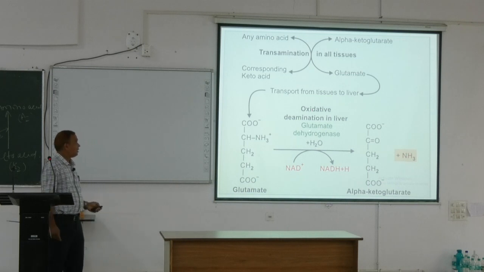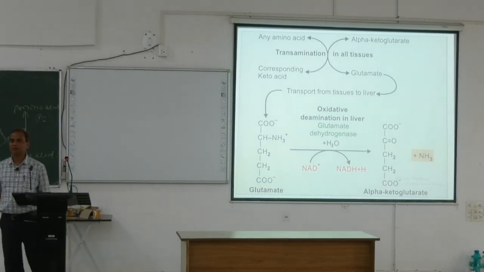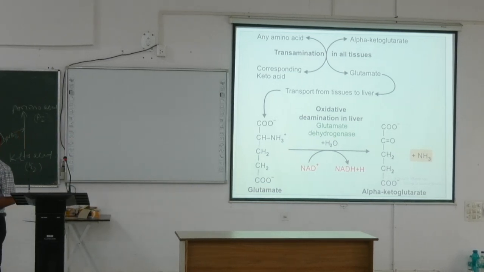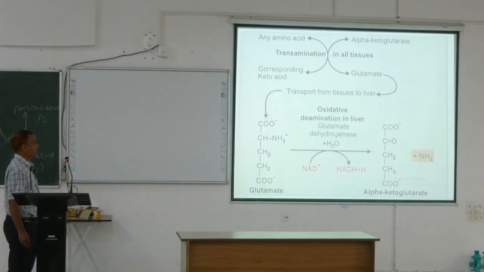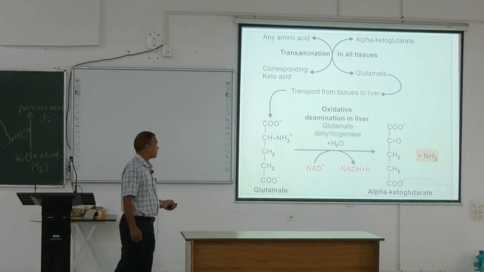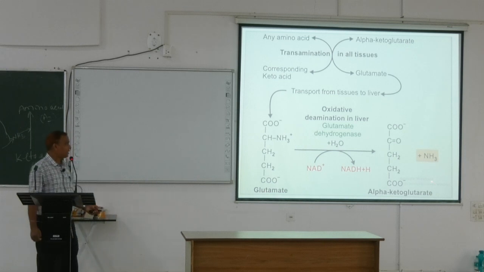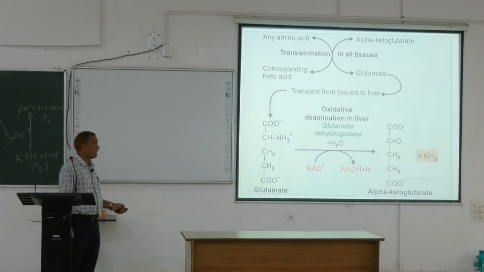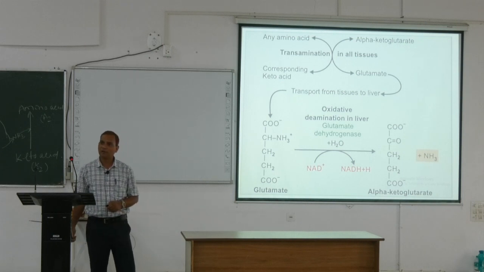By the glutamate dehydrogenase, GDH. This is a very important enzyme, glutamate dehydrogenase. By the help of glutamate dehydrogenase in the liver, glutamate will be converted to alpha ketoglutarate with liberation of ammonia.